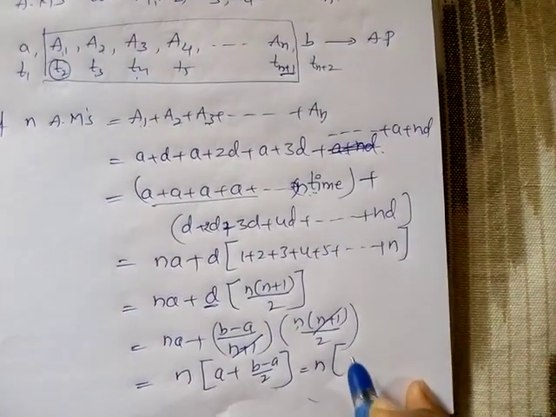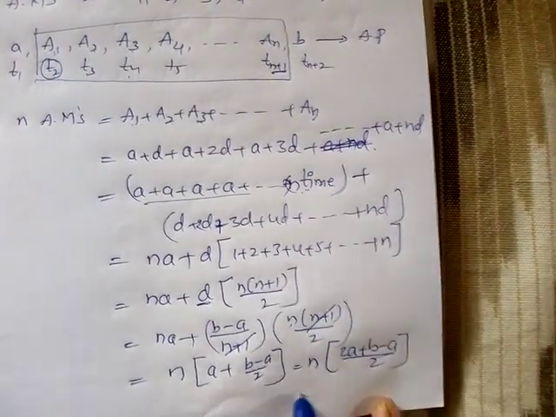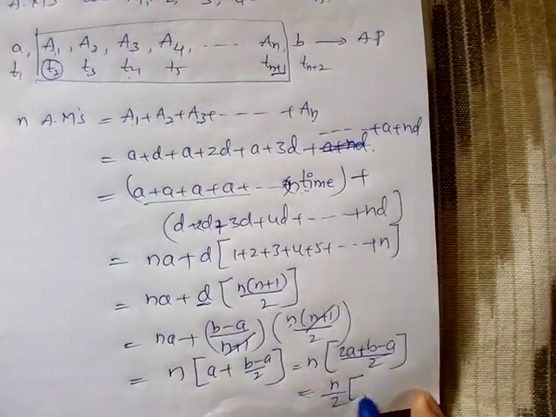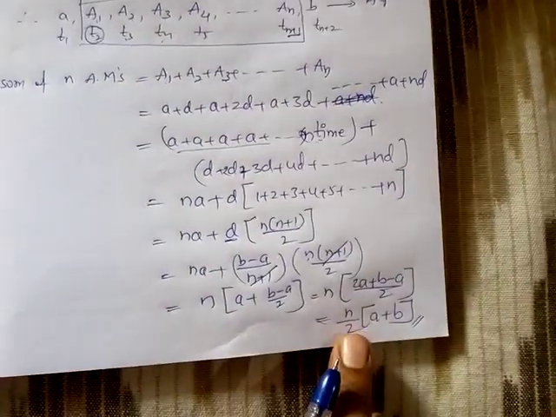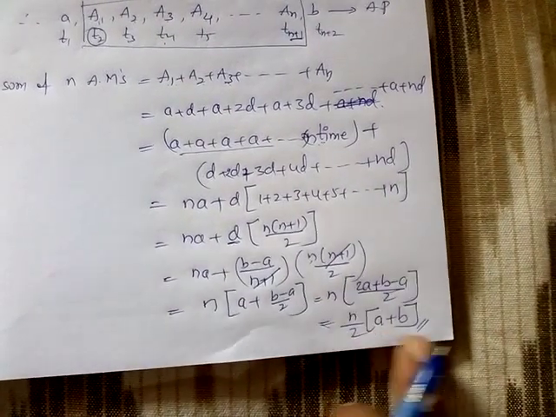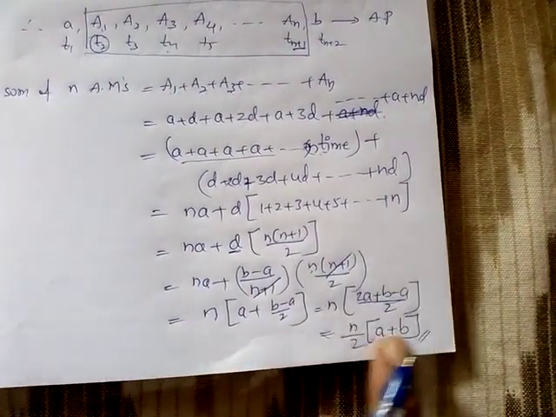So n of (2a plus b minus a) by 2. So clearly n by 2 of (a plus b). The sum of n arithmetic means lying between a and b is n by 2 of (a plus b).